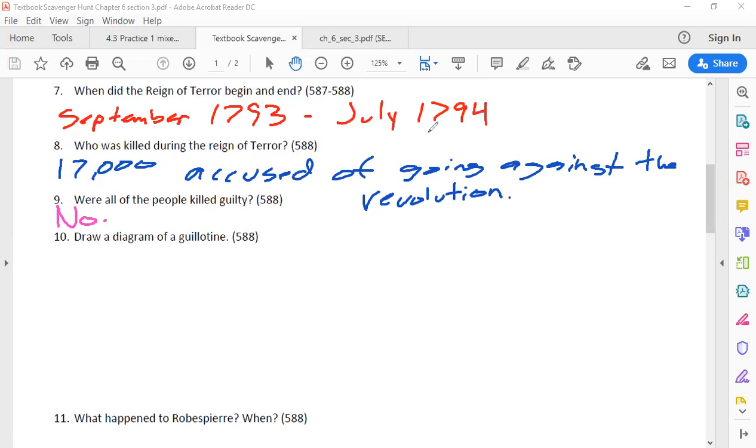Question 10 asks us to draw a diagram of a guillotine. Now listen, I am no artist, but if you look at page 588 of the textbook, you can see a device that has a blade shaped like this. It has kind of a gantry up here that holds it up.